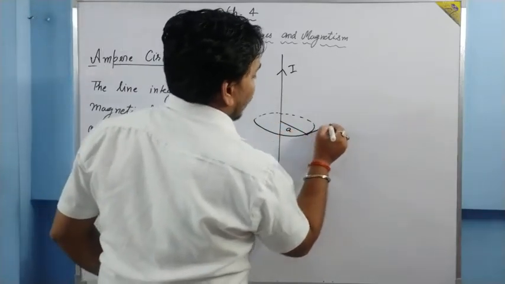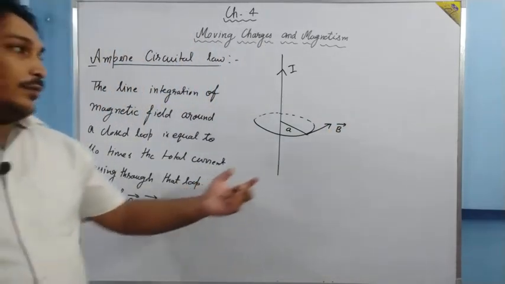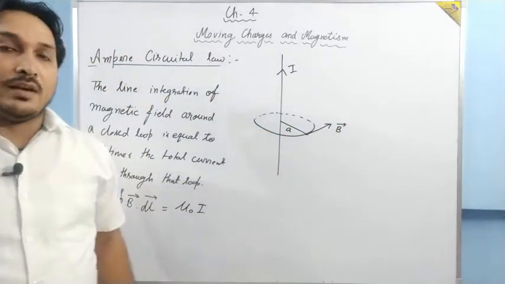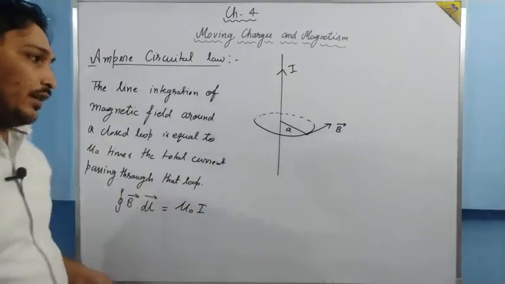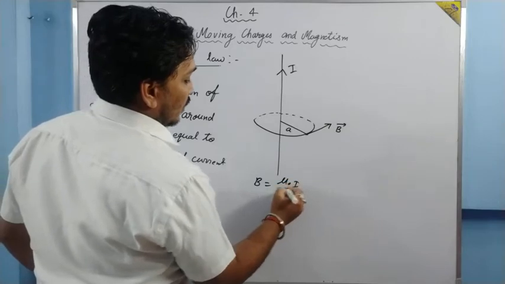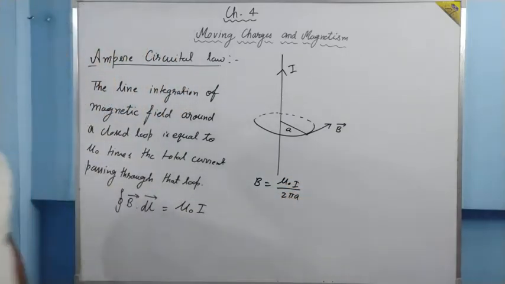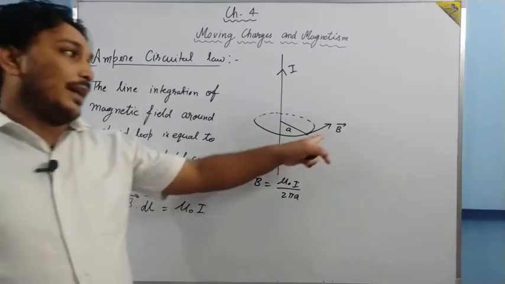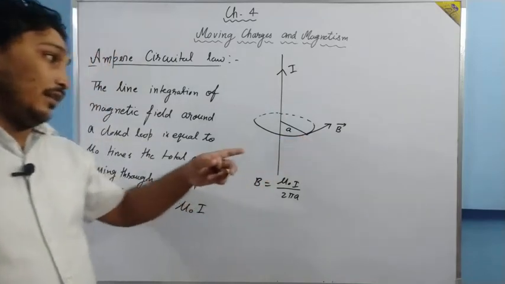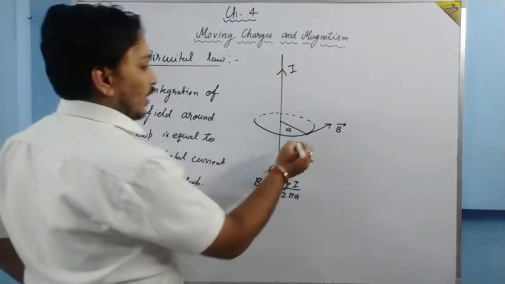We know that we find the magnetic field around a wire, and if it is of infinite length, the magnetic field, from the first application of Biot-Savart law that we have done, is mu naught I upon 2 pi A. So what it actually means when we take line integration of magnetic field?